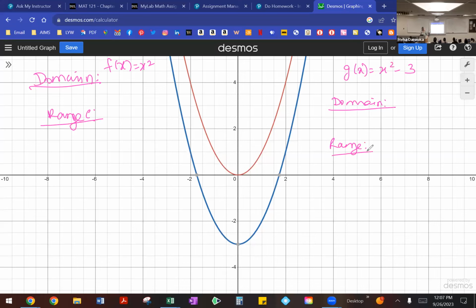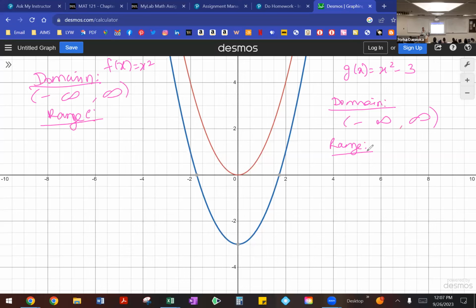For the original function, what's the domain and range? Did our domain change for the x squared minus 3 function? No. Even though we moved it vertically downwards, it did not affect our x-axis or the domain.